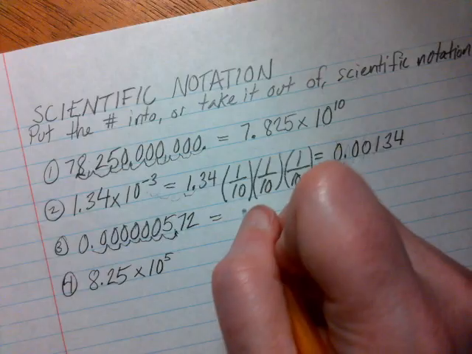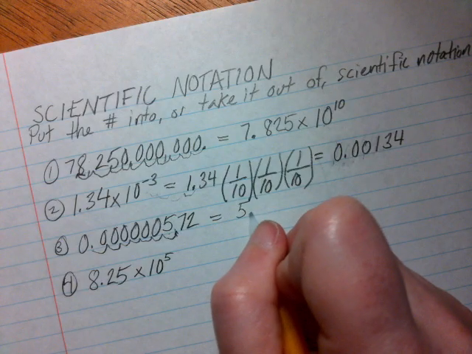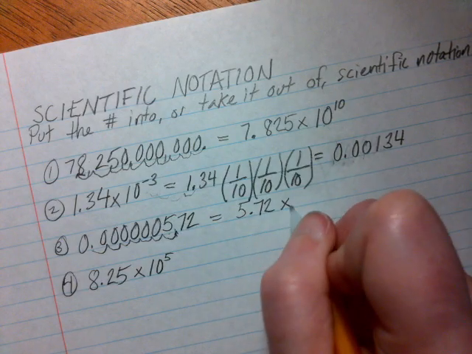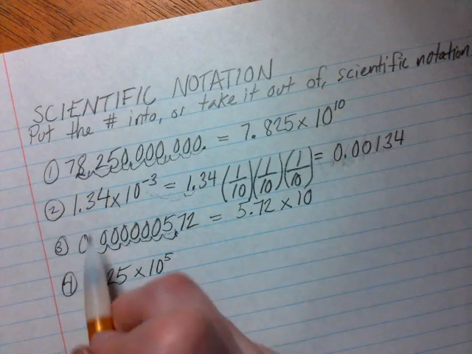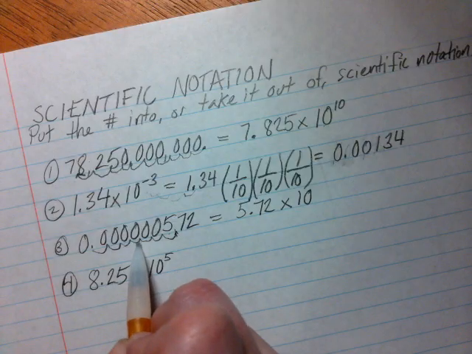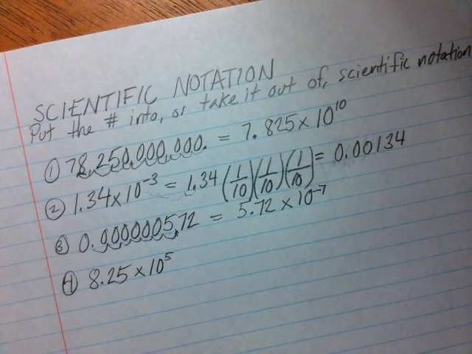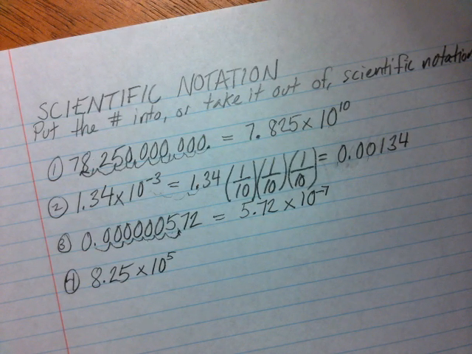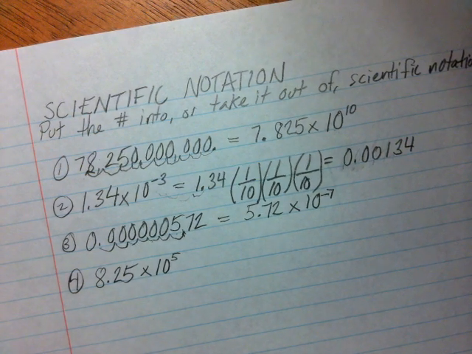Okay, so scientific notation always starts with the first non-zero digit, which is 5, and then 0.72. And then the only question is is it the positive or negative exponent? It was 1, 2, 3, 4, 5, 6, 7. It's going to need to be -7 because that's the exponent that gives me a really small number like this one. Negative exponent, small numbers.